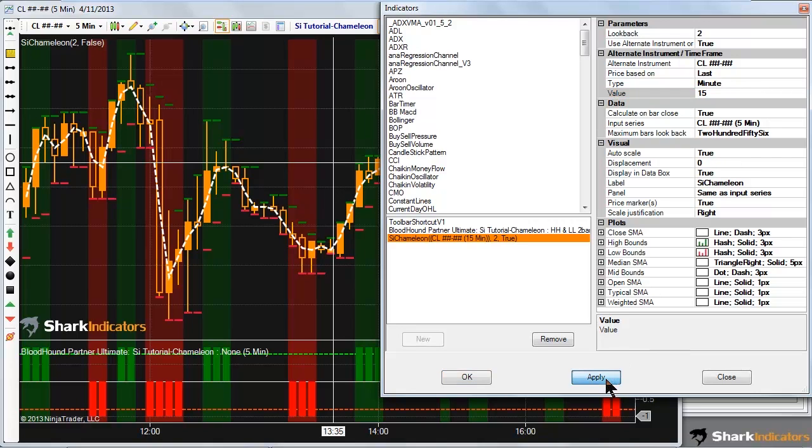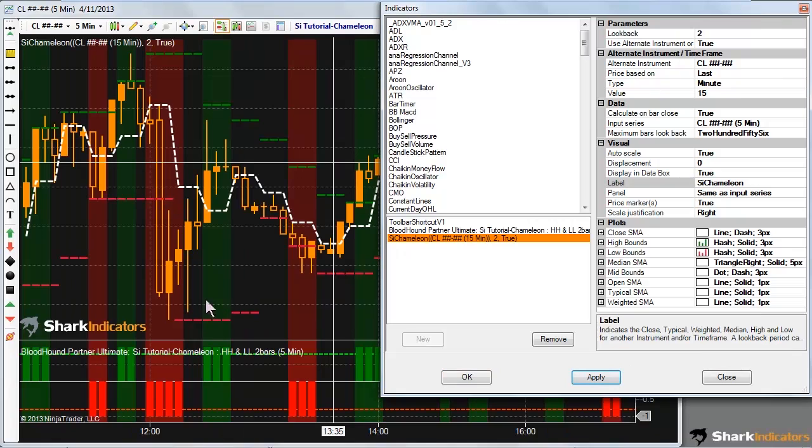So if I hit apply, you can see that the look back period changes quite a bit. So I'm still using a look back of 2, but the look back period is looking back 2 bars on the 15-minute chart. So on the 15-minute chart, this is the lowest price for 2 bars looking forward.